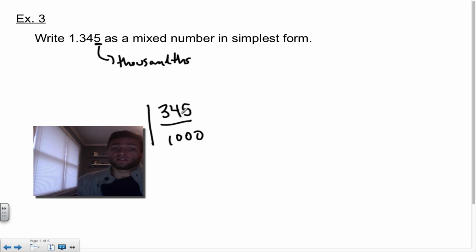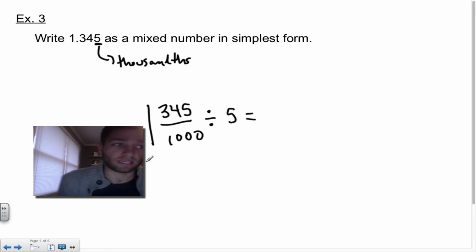So to simplify this, I need to just start dividing down. Don't be a hero if you're not really sure how to do it in one step, do it in smaller steps. I know that 345 and 1,000 both can be divided by 5. Hopefully you remember your divisibility rules. That will help you with determining that, but start small.